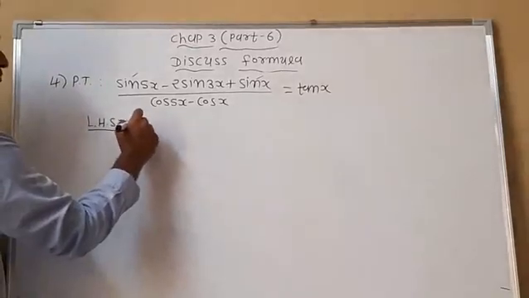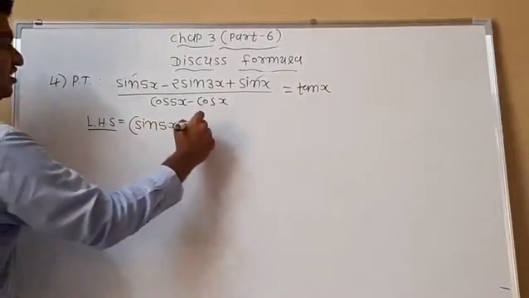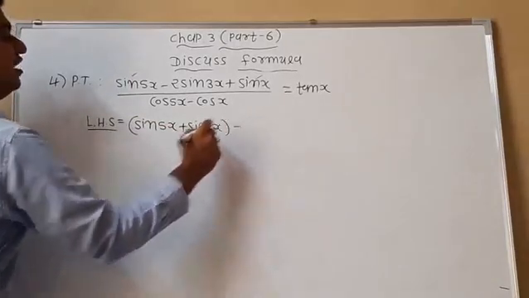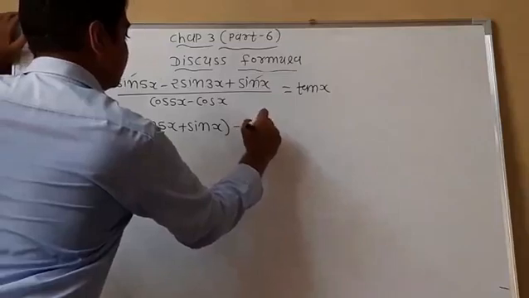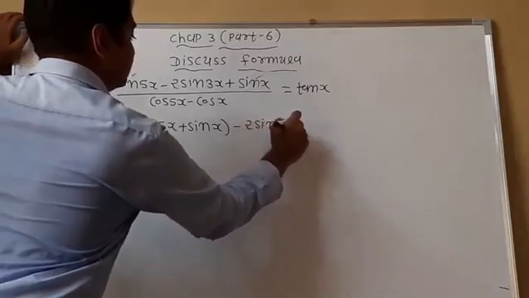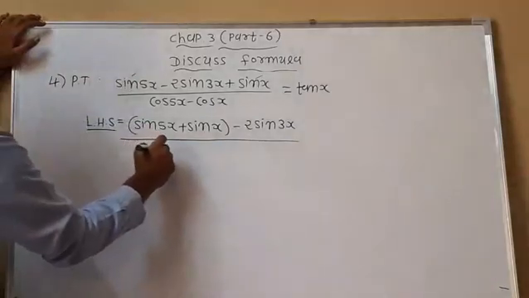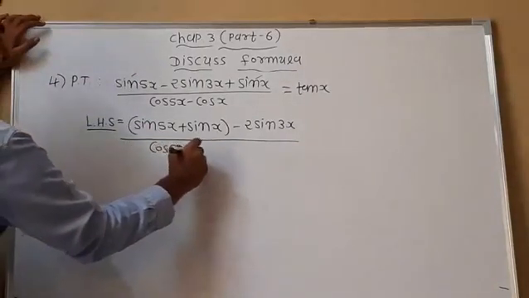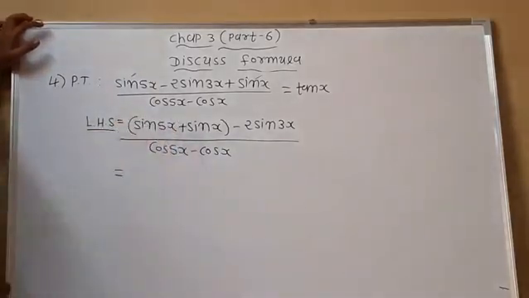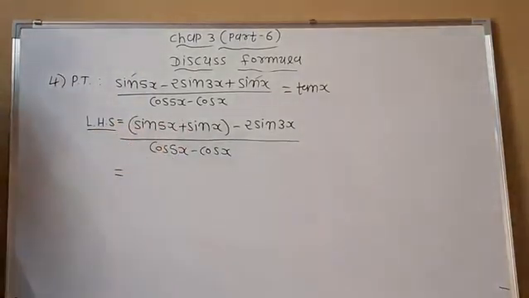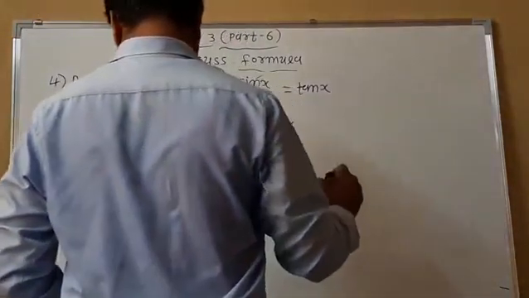So our first step: sin 5x + sin x − 2 sin 3x upon, in denominator term, cos 5x − cos x. Now in numerator term apply the identity s plus s, that means 2sc.